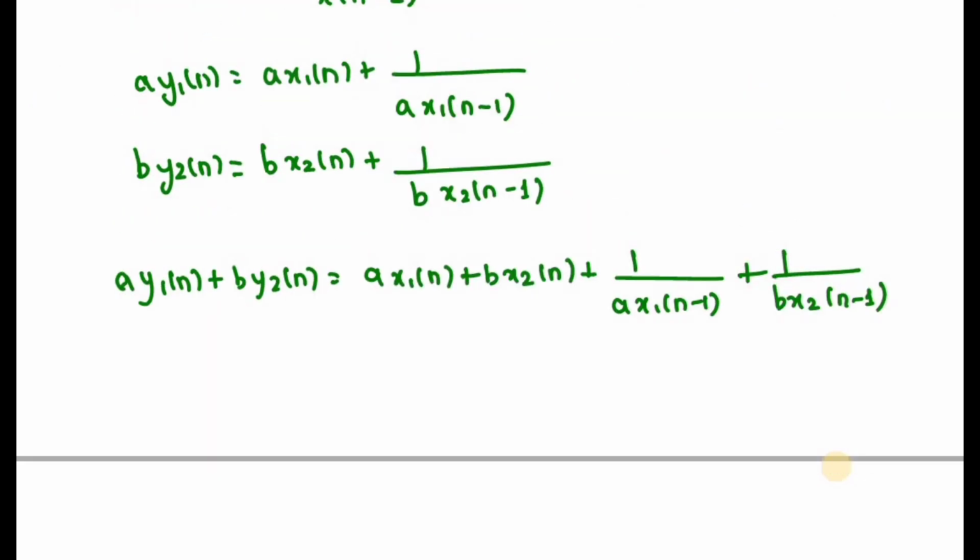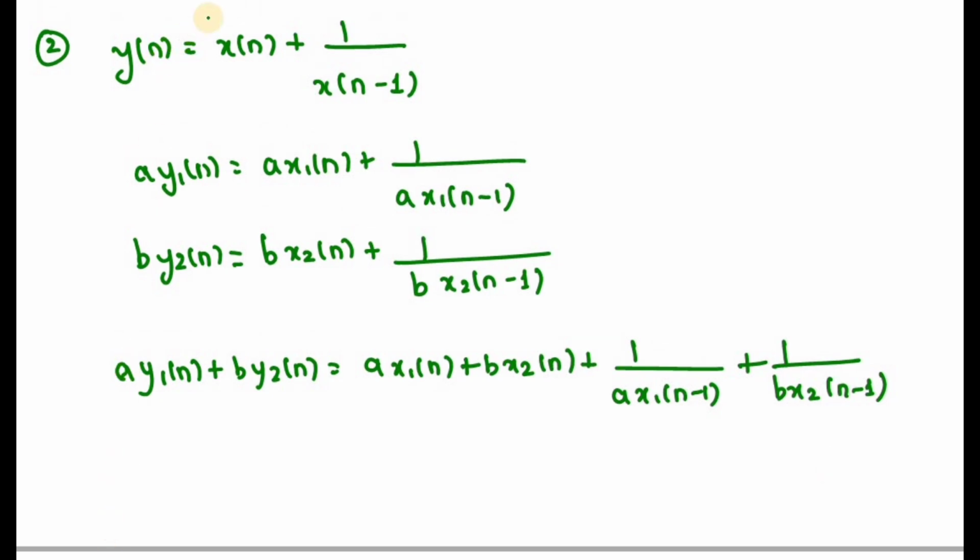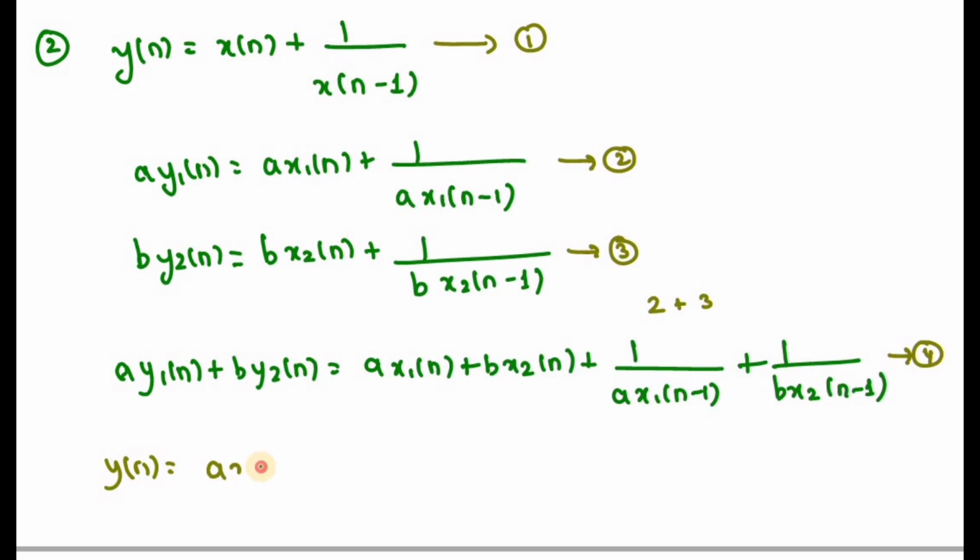In this, this is my first equation. Adding the second and third equations, we get the fourth equation, 2 plus 3. From the first equation, you have to substitute y of n equal to a x1 of n plus b x2 of n plus 1 divided by a x1 of n minus 1 plus b x2 of n minus 1.